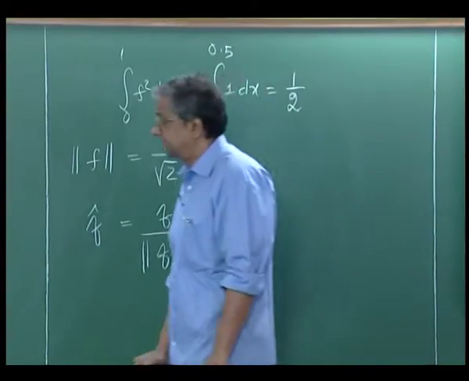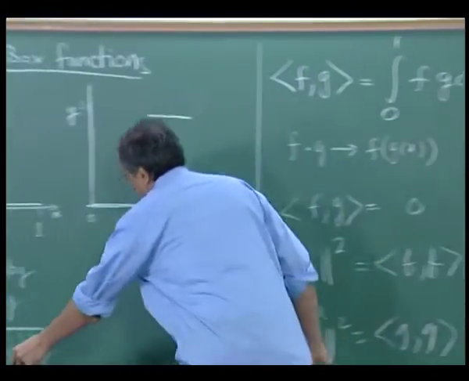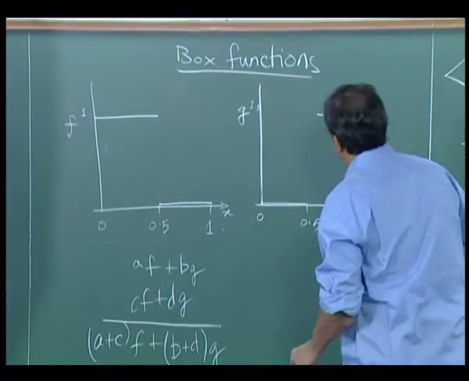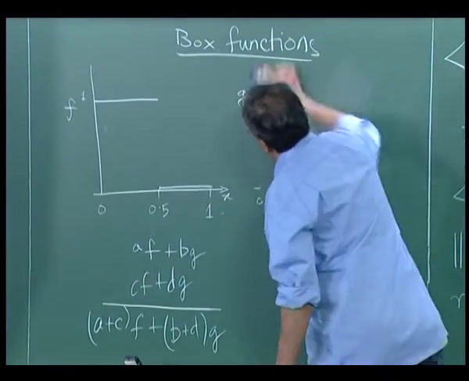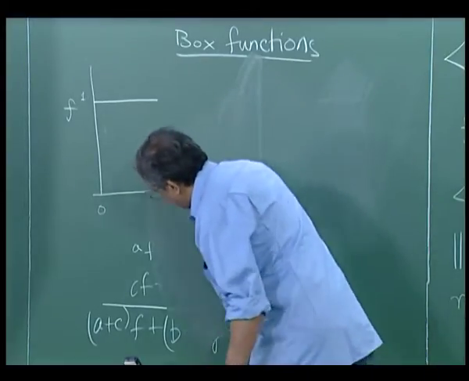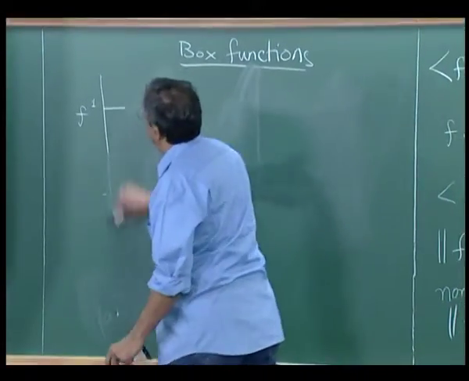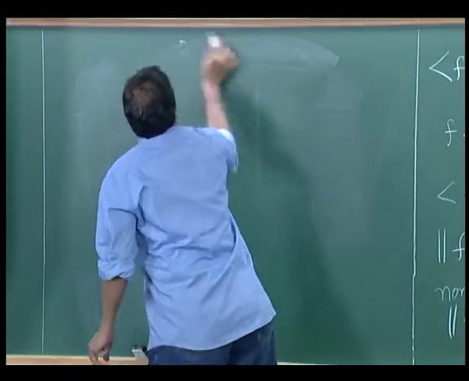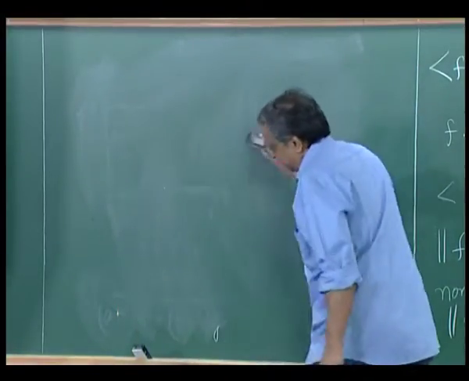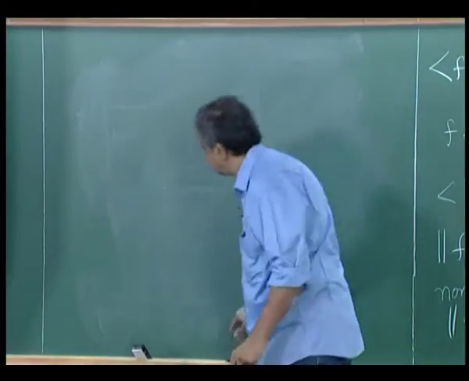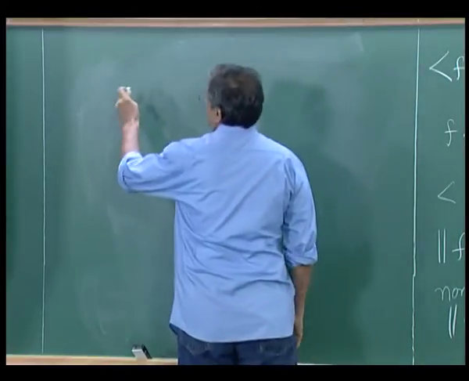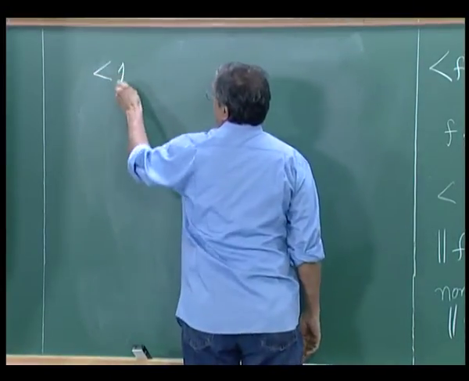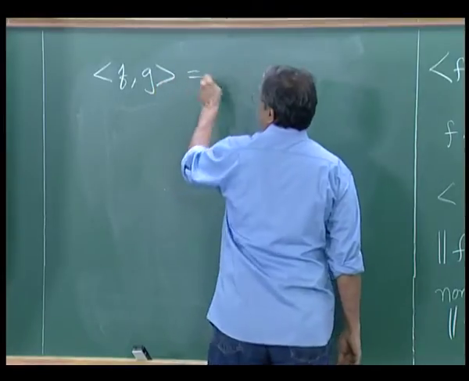Fine. Okay, what do we have? We have now managed to repeat the process that we did for vectors. We can define a general dot product of two functions f and g.